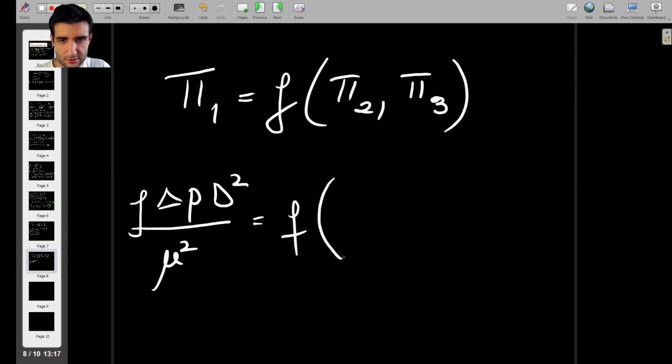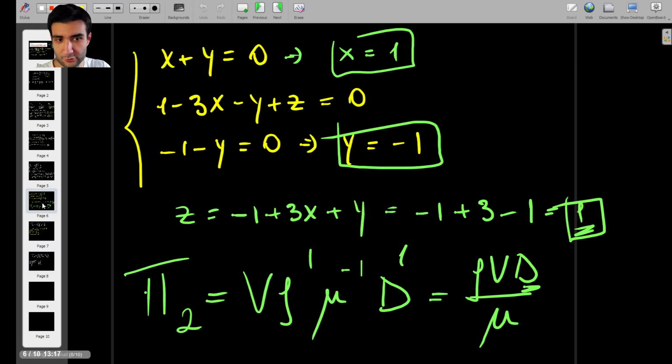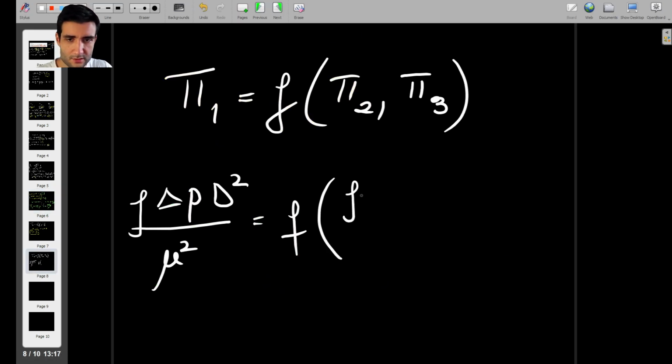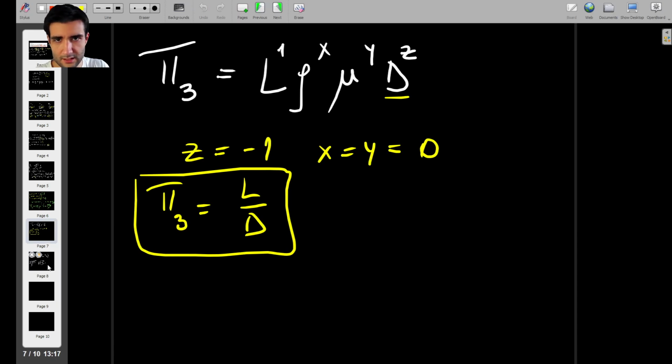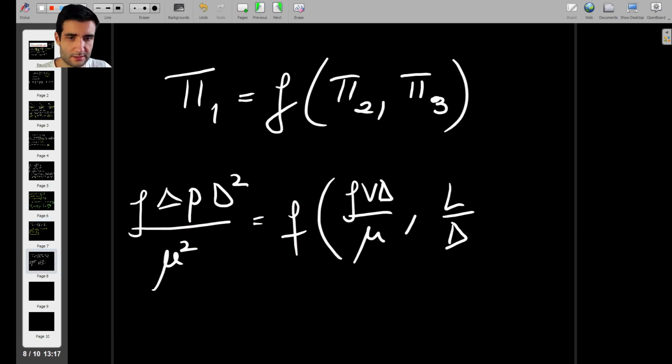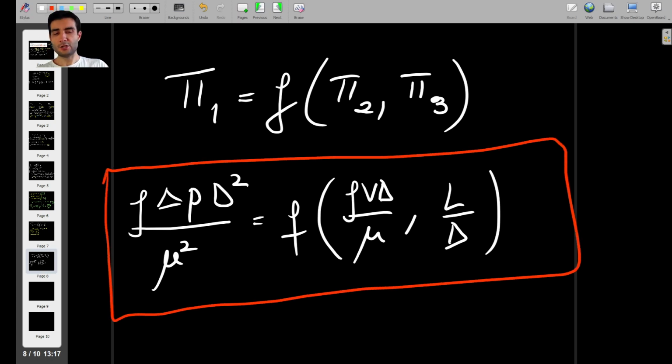So this is a function of the Reynolds number, that's the pi 2, it's rho v d over mu, and finally we have, I think it's L over d. Yes, like this. Okay, so this is the non-dimensional relationship between the pressure loss across a pipe as well as other parameters which might influence that, such as density, viscosity, pipe diameter, pipe length, and so on. Okay, and that's the end of the question.